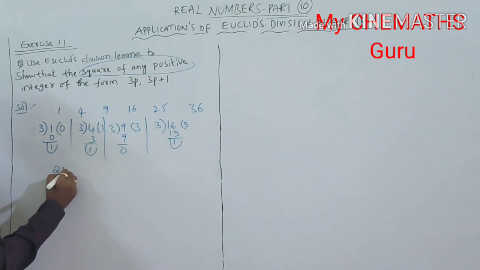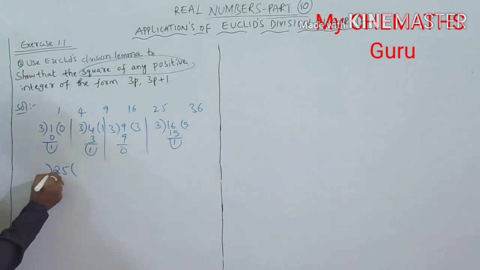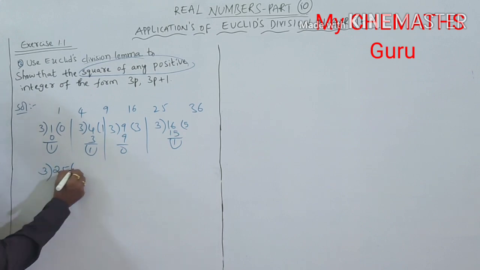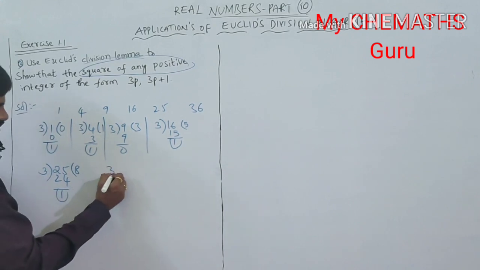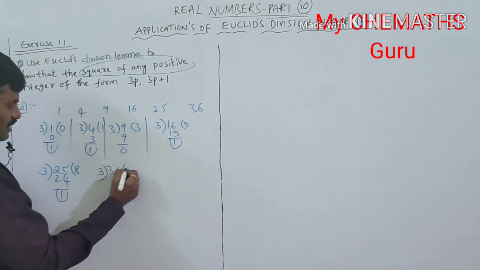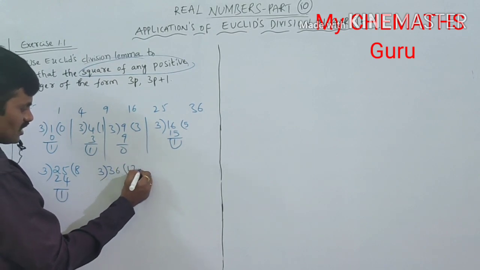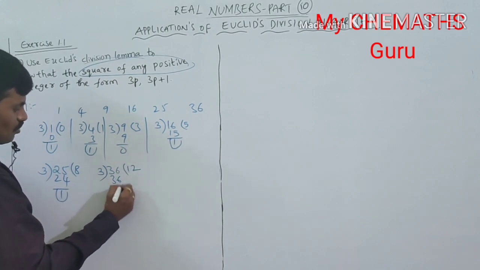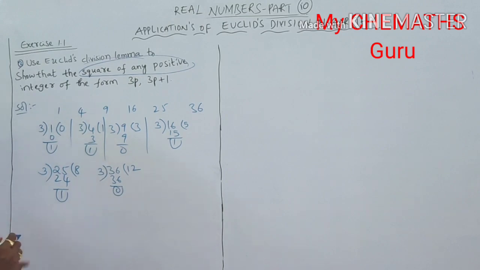If I consider 25 and divide by 3, 3 eights are 24, the remainder is 1. If I take 36 and divide by 3, the quotient is 12, the remainder is 0.